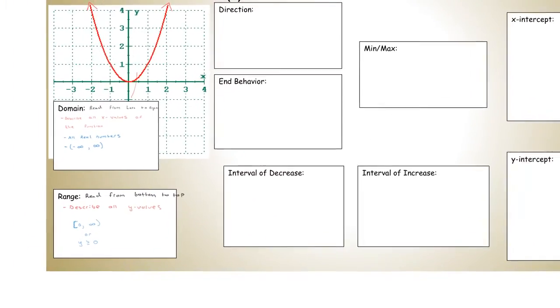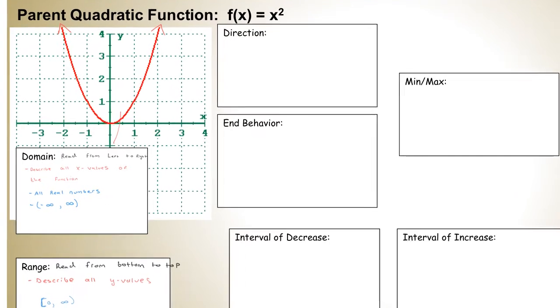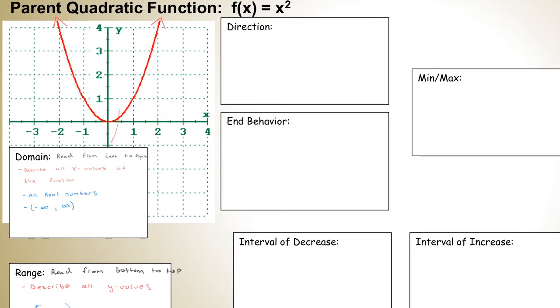Okay, next characteristic we're going to look at is the direction, and we're just trying to describe, is this thing opening up? Is it opening down? We're trying to describe the direction that the graph is pointing.